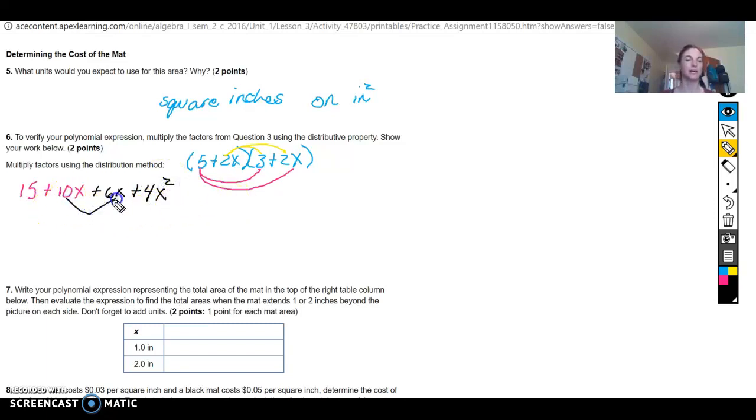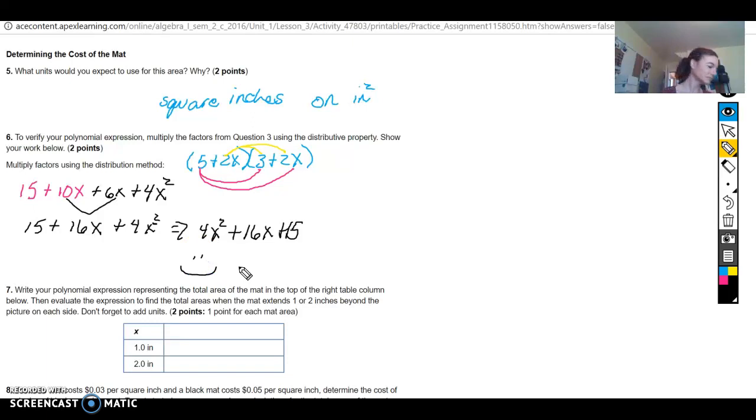Okay, I can combine like terms to get 16x plus 15 plus 4x squared. And when we write polynomial expressions, we always start with the highest exponent and work down. So this would actually be 4x squared plus 16x plus 15. And so they are the same.